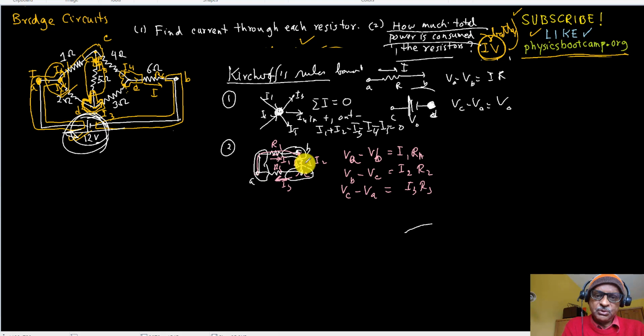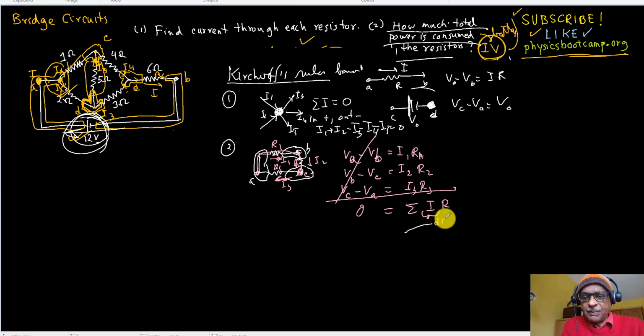Whenever I'm going in the direction of the current, voltage will drop. The assumption is that this is higher voltage than that. If I add these up, in a loop this side goes to 0, so it is the sum of these IR values, as I'm going in the direction of the current.